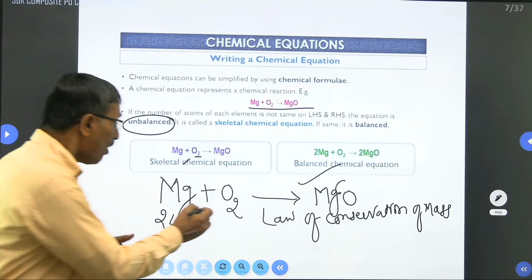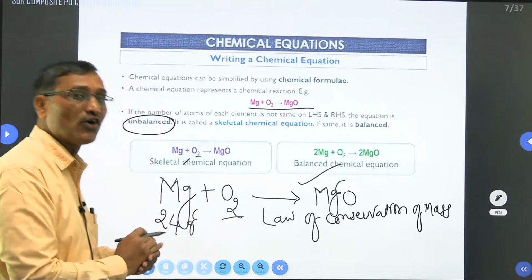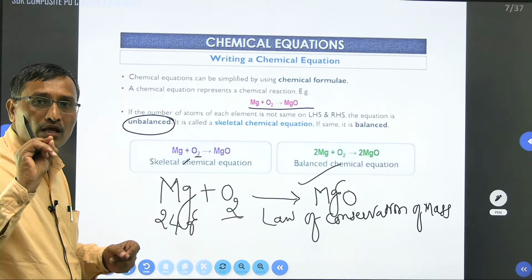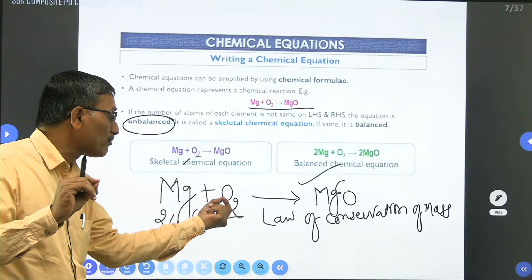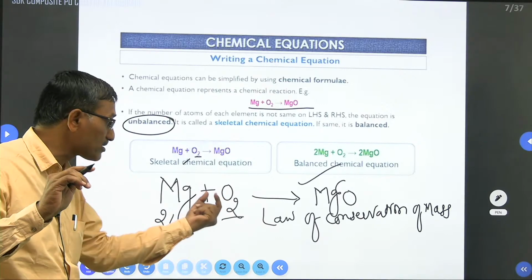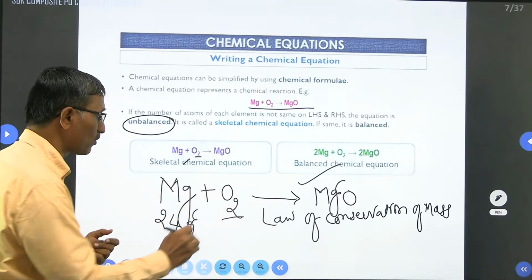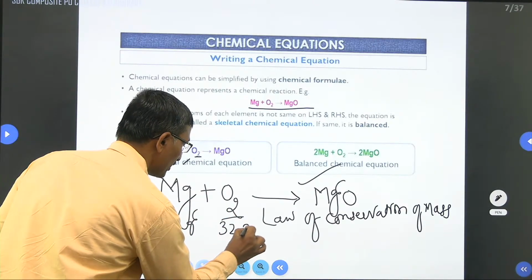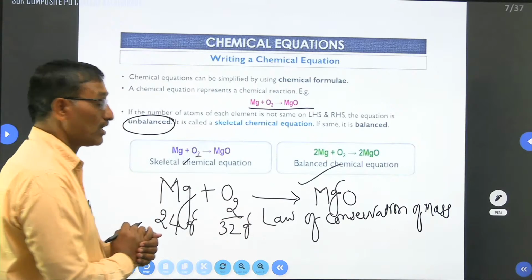What about oxygen? The molecular mass of O2: there are two oxygen atoms, this is a molecule of oxygen. So 16 into 2 is 32, 32 gram.